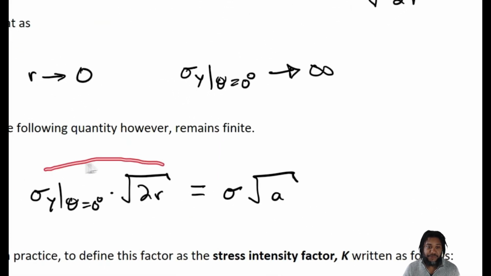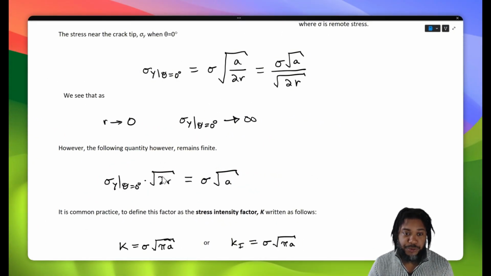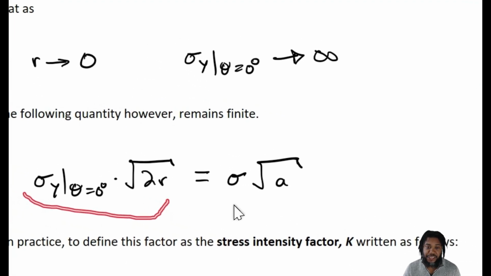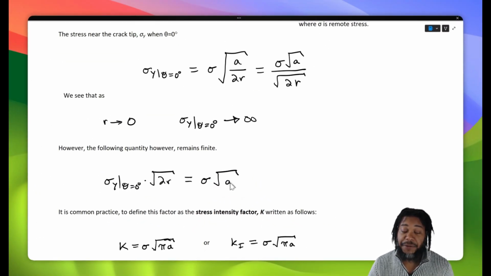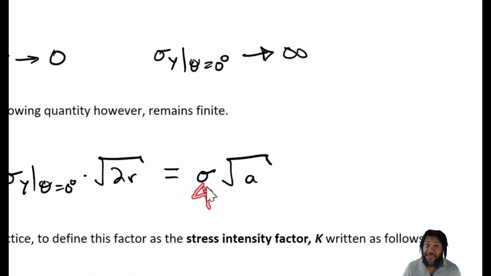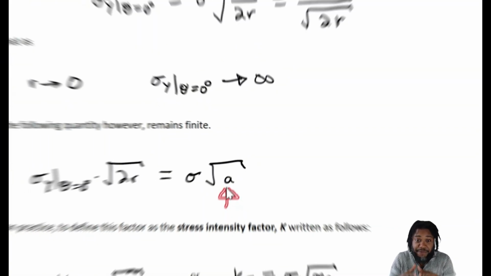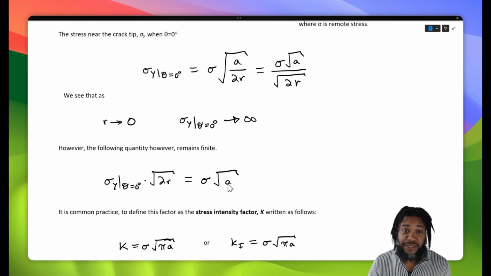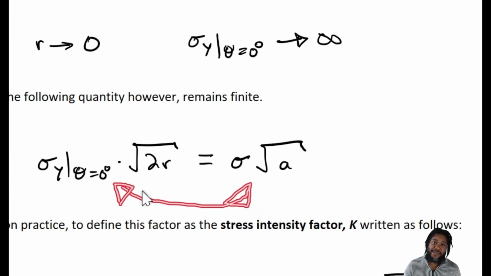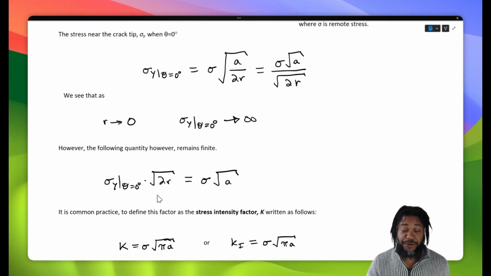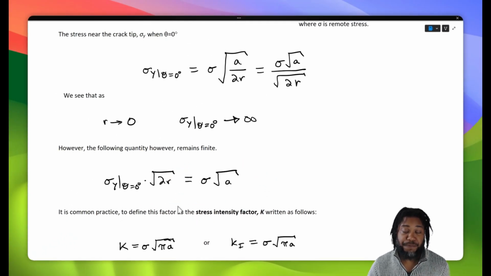Then we end up with sigma y times the square root of 2 times r equal to the remote stress times the square root of a, where the remote stress is a finite value, something we've applied, and a is a finite value, half of how long our crack is. In that case, both sides of the equal sign remain finite. Rather than exploding into an infinite value, this is a finite value that we can evaluate against.